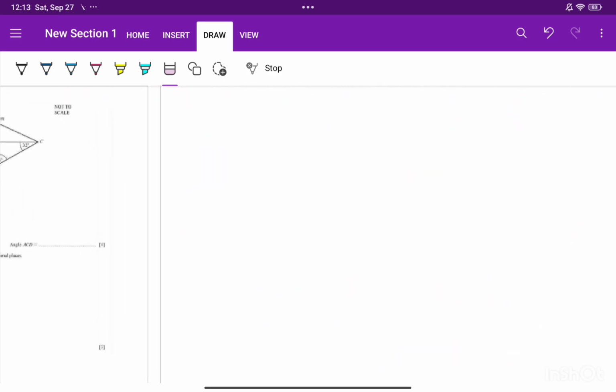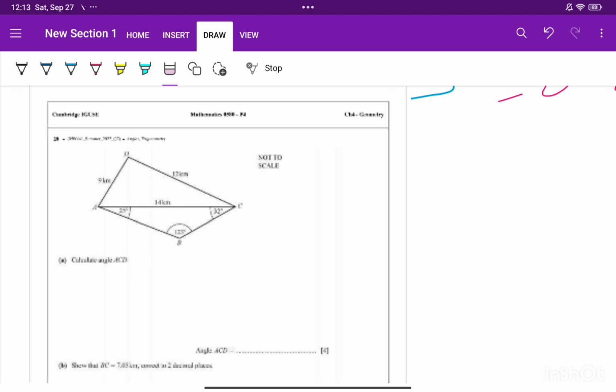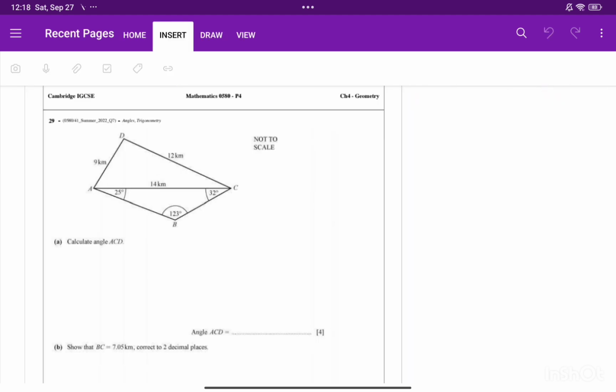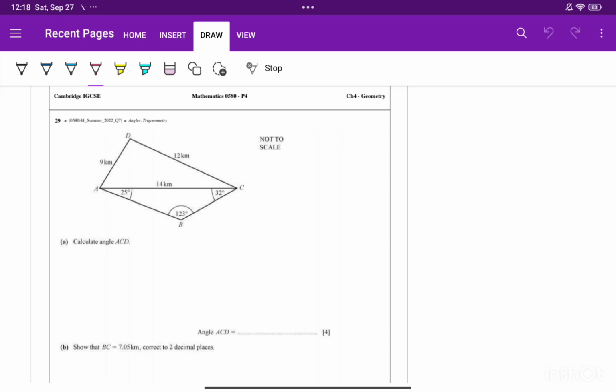Question number 29. Calculate angle ACD. Question number 29 is taken from May-June 2022, question 7. Angle ACD, so we need to find this angle. We know all the lengths, so we will use the law of cosine.